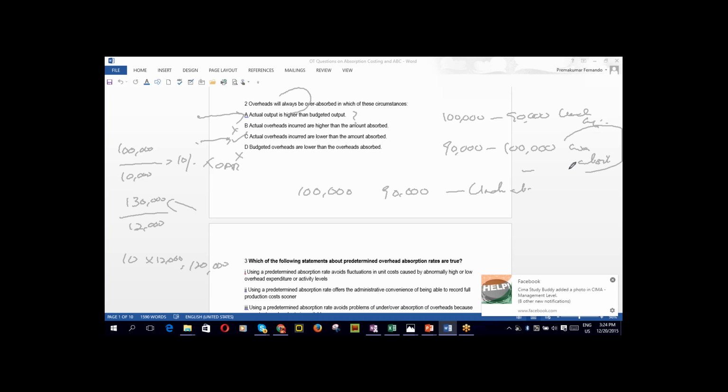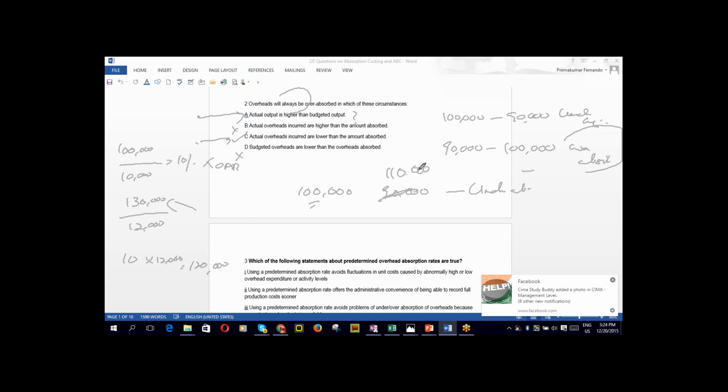And the fourth one, budgeted is, here budgeted is 100. Let's assume budget is 100, lower than the overhead absorbed. Sorry, 100 is the budget, 110,000 is the amount absorbed. So there you can see what has happened.